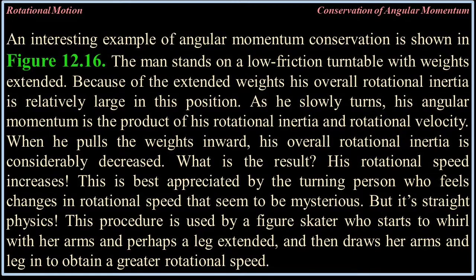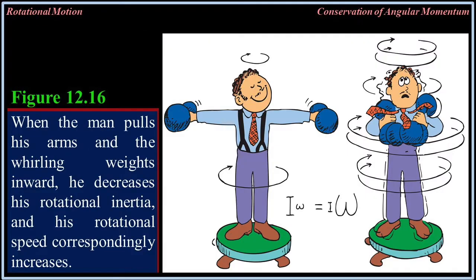This is best appreciated by the turning person who feels changes in rotational speed that seem to be mysterious. But it's straight physics. This procedure is used by a figure skater who starts to whirl with her arms and perhaps a leg extended, and then draws her arm and leg in to obtain a greater rotational speed.